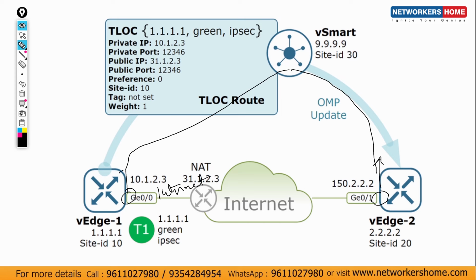Let's say you are using MPLS, and there is another connection called GE01, where you are using the internet. In that case, your vSmart will know that this device has 2 TLOCs to reach this particular vEdge, and this is MPLS and this is the internet connection.